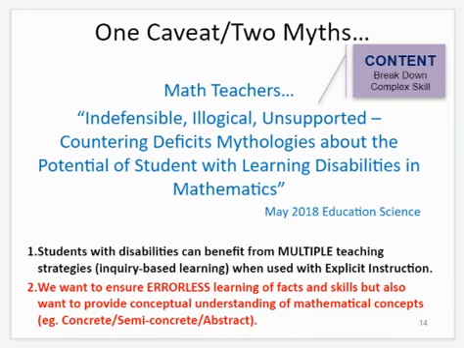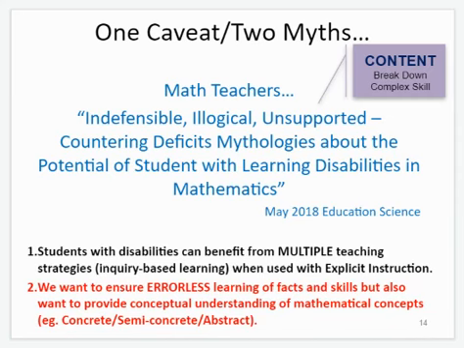Explicit instruction is one. We need to make sure we have conceptual understanding, where students work with manipulatives and explore concepts. But the point from Dr. Archer is that we want to ensure errorless learning of the facts and the skills, as well as that conceptual understanding.